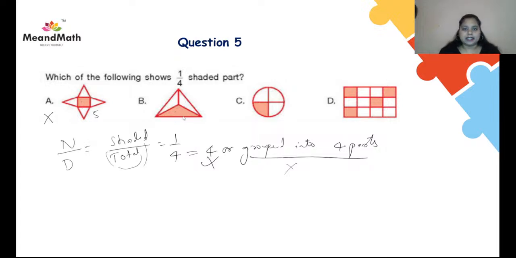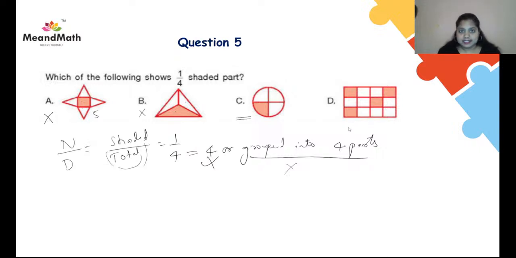It is 3 parts, which is clearly not 4, nor is it grouped into 4 parts. So option B also is not the answer, right? Shall we check option C? 1, 2, 3, 4. Yes, so option C has 4 parts. So option C can be the answer. Option D we will count and see. Here you can clearly see it has more than 4 pieces, right?